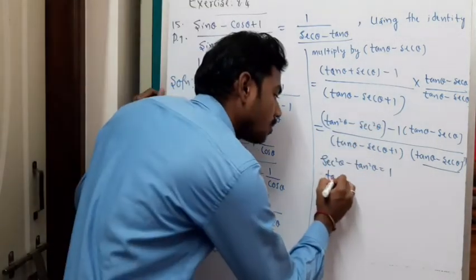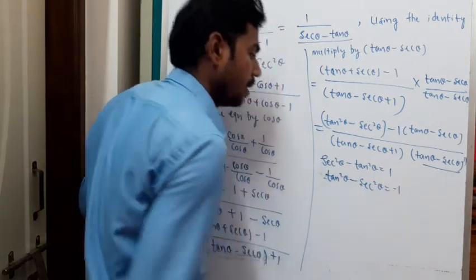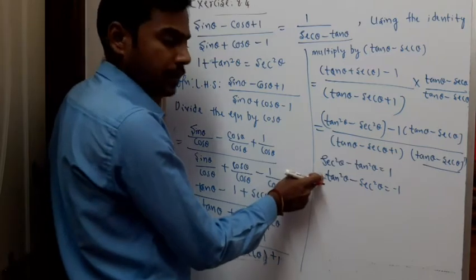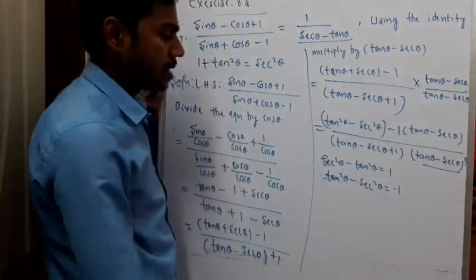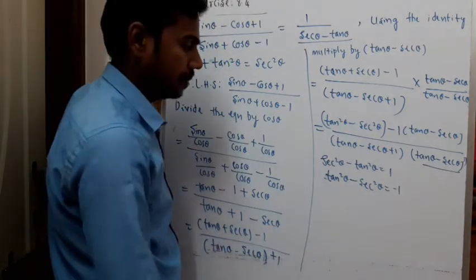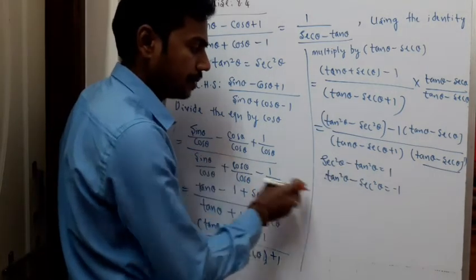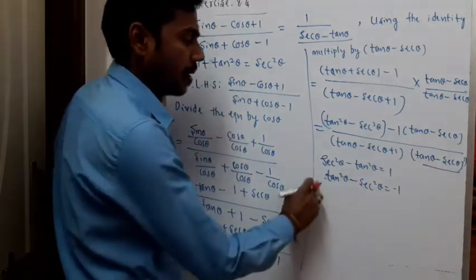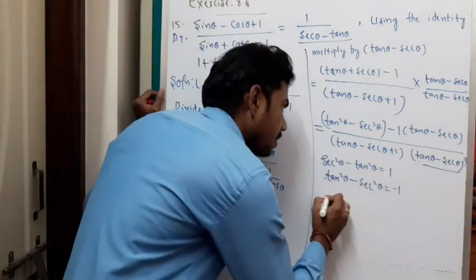If I take minus common out, it becomes minus of secant square theta minus tan square theta, and I'll transfer it to the right hand side, so tan square theta minus secant square theta is equal to minus 1.